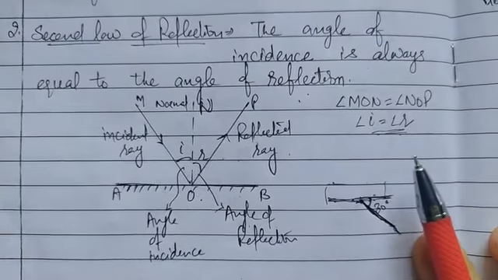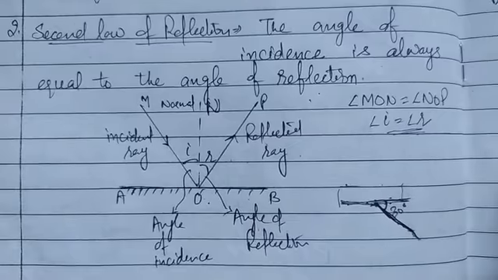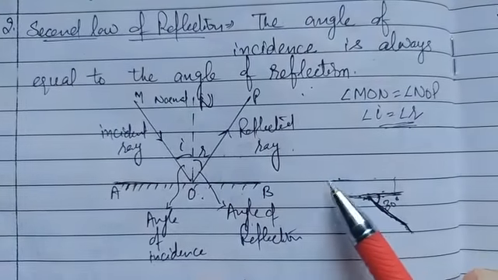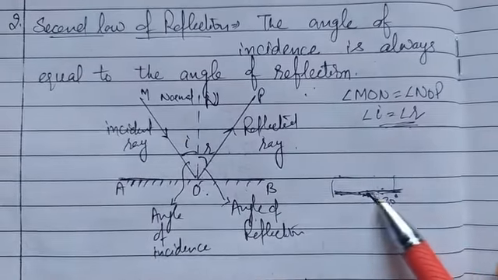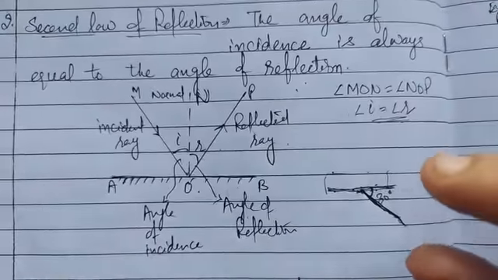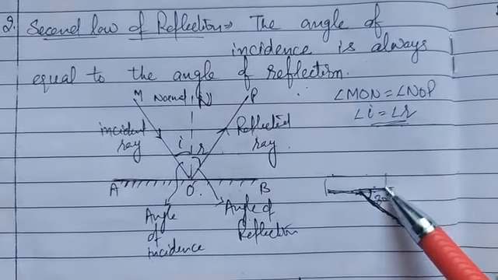For this activity, first take a plain white paper and draw a straight line on it. After that you will place a small mirror vertically on this line.